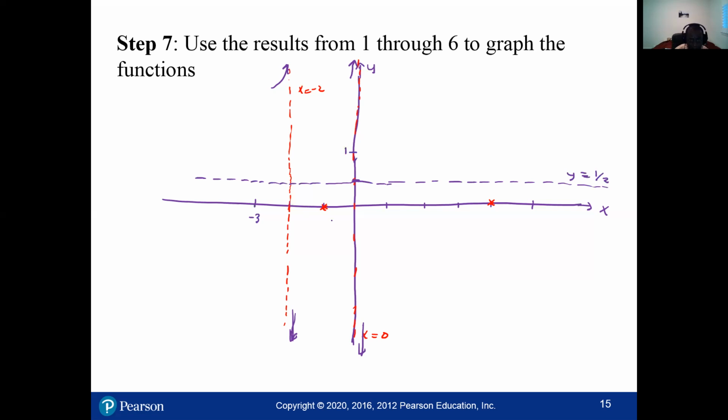Okay. Does it cross the horizontal asymptote? Yes, it crosses when x is negative 0.8, so it crosses at this point. And then if you have -3, it is 7 over 3, which is let's say 2 point something.